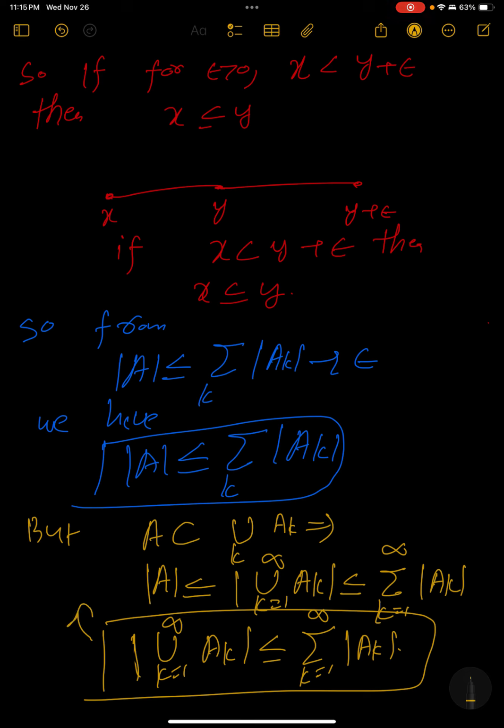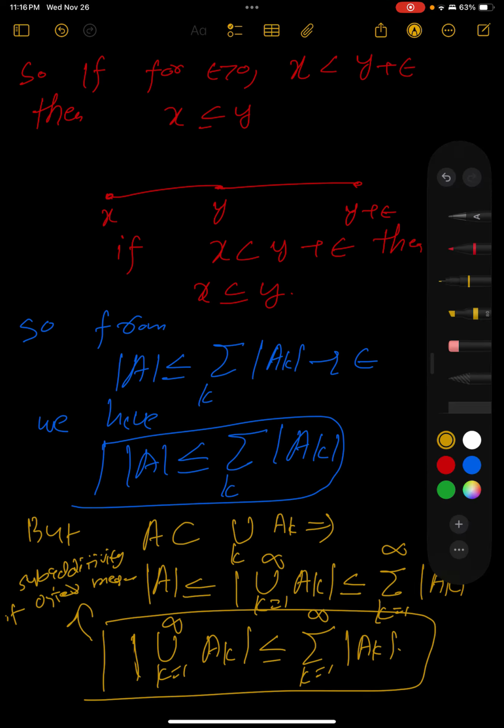This is called the subadditivity of the outer measure. I hope so. In short, we can say that the outer measure of A1 union A2 union A3 and so on is less than or equal to the sum over k equal to 1 up to infinity of the outer measure of each Ak.